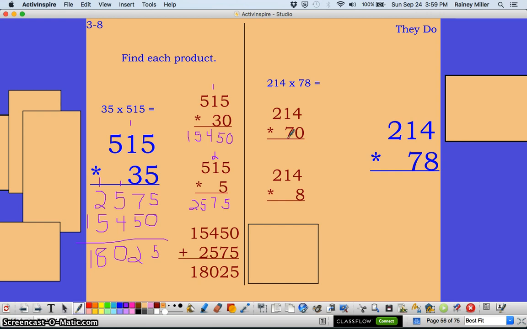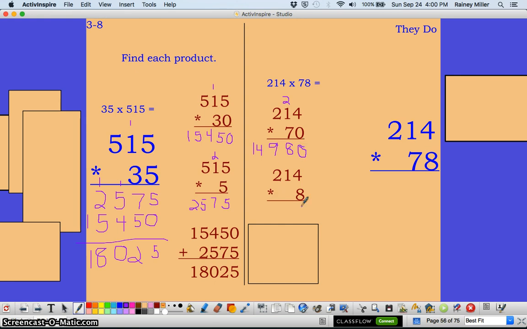Okay, so 7 times 4 is going to be 28. So I put my 2 there, my 8 down here. 7 times 1 is going to be 7 plus 2 is going to be 9. 2 times 7 is 14. And I cannot forget to put my 0 out front and back because I'm using my zero trick.